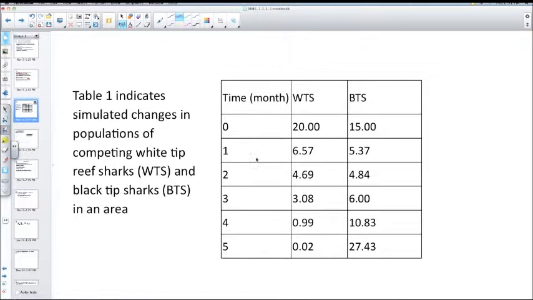The meaningful columns are the weight of the white tip reef shark, in short WTS, and the weight of the black tip shark, BTS. So we observed 6 months, and altogether we have 12 numbers.